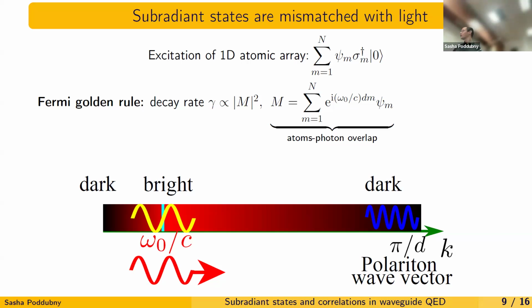So if this is my line of K, here somewhere is the K of light. This is pi over period. These guys would emit photons strongly, and this no, because there is a huge momentum mismatch. So in a large system, I would expect that only these emit light.